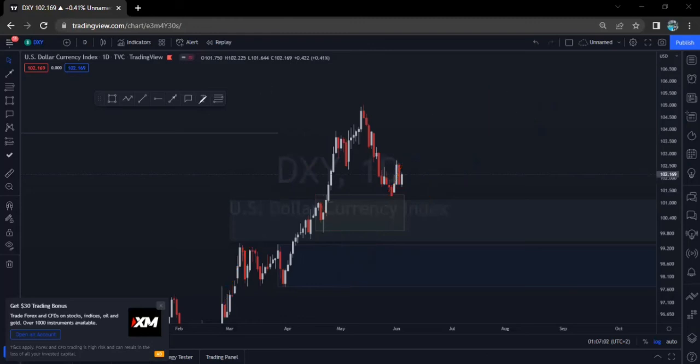Meaning we're not on a valid demand level on the daily. So this could simply be liquidity being created, right? And then the market going into a valid supply level.